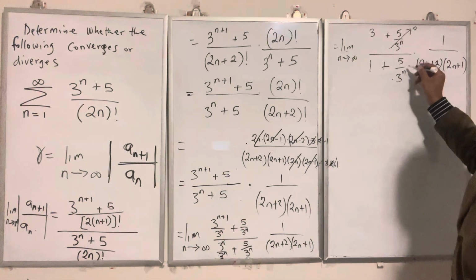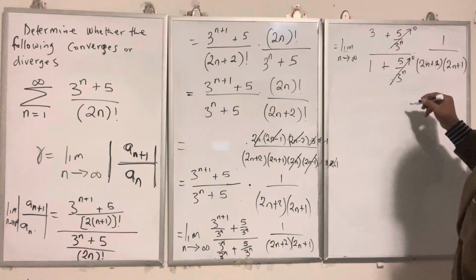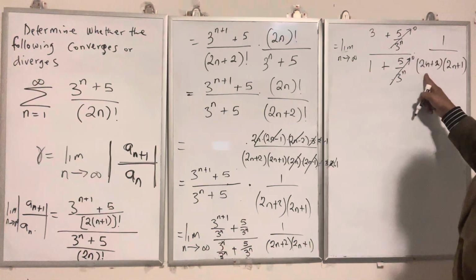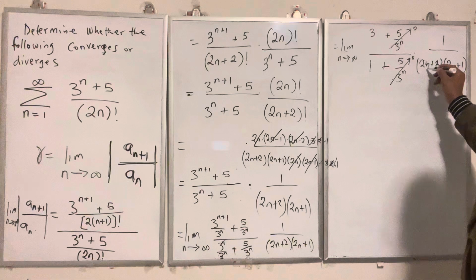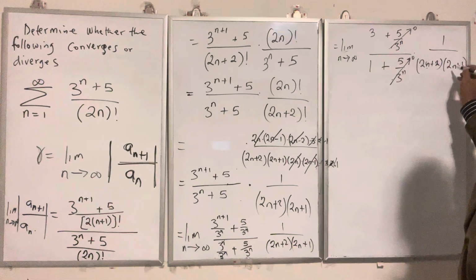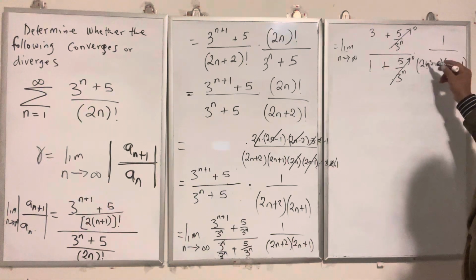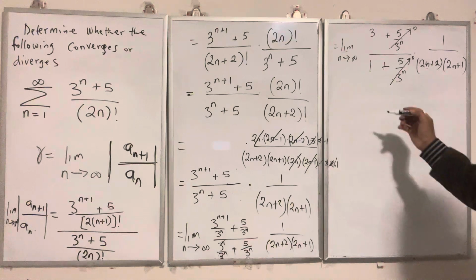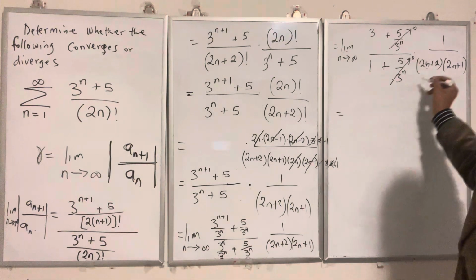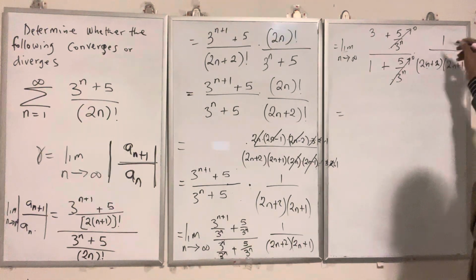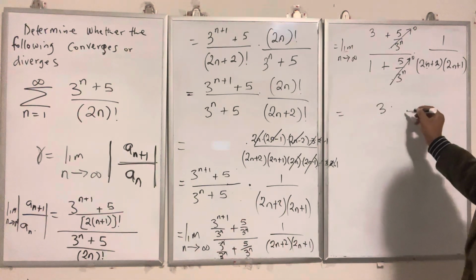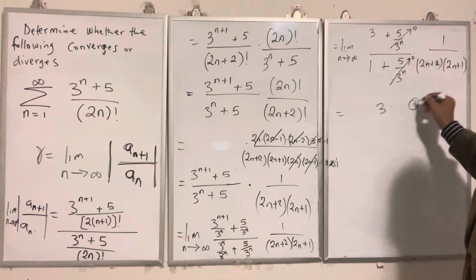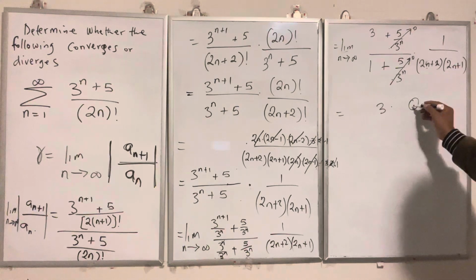The same thing applies here, this will also go to 0. Since n gets large, the denominator 2n plus 2 times 2n plus 1 gets large, and 1 divided by a large number gives us 0.